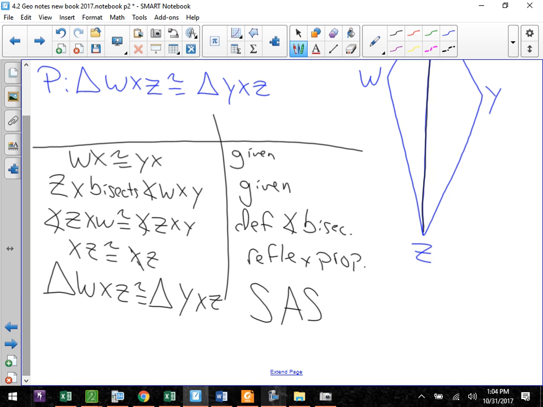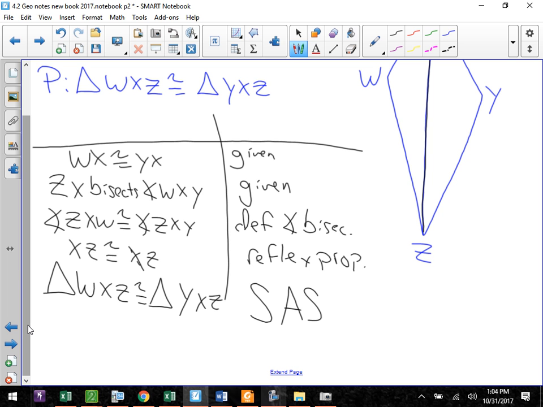Now, way back when we defined what was called a bisector. A bisector could be anything that cuts an angle into two parts. It can be anything that cuts a segment into two parts. For example, with a segment bisector, it could be a point, it could be two segments, a line could cut into a segment bisector, and so on.